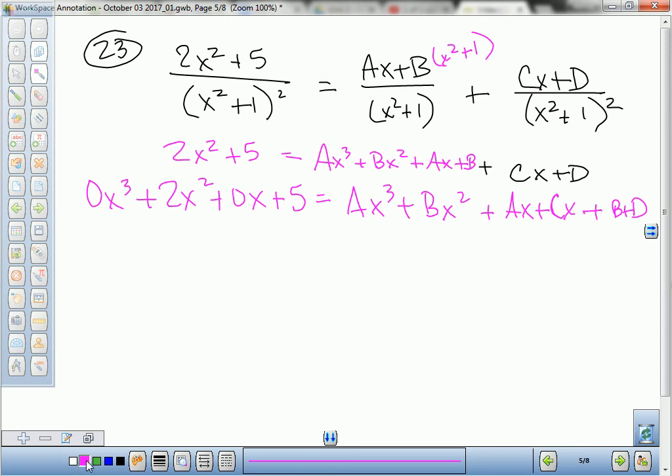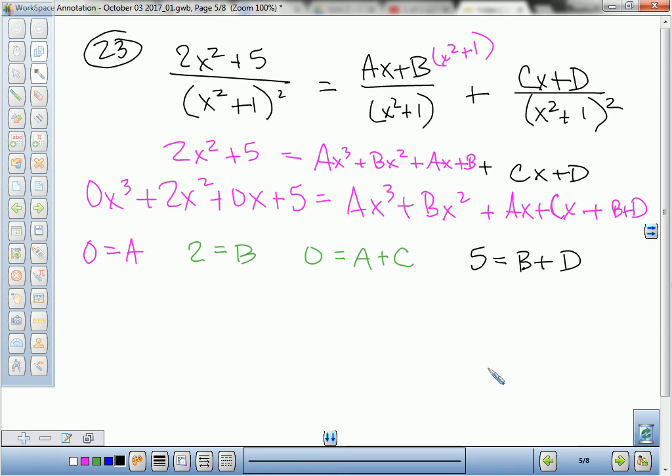All right, so 0 equals a. 2 equals b. 0 equals a plus c. And then 5 equals b plus d. I just did 5 equals d, I didn't do the b.